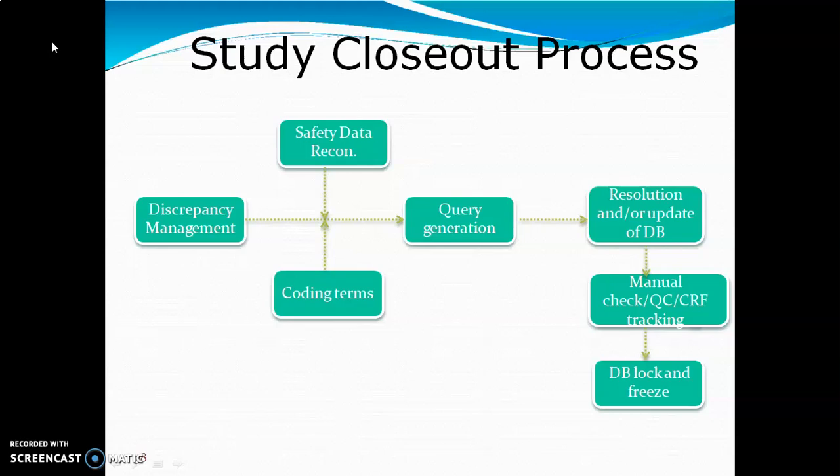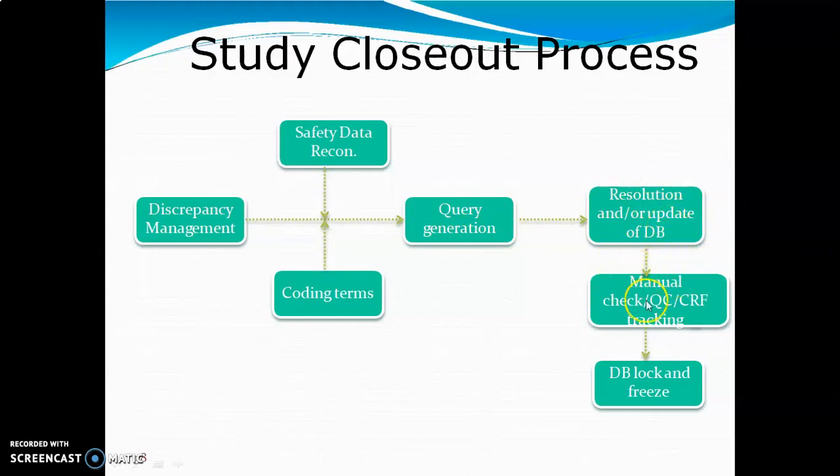Along with the safety data reconciliation, the side effects observed are coded using medical coding dictionaries. This is called medication coding. If any discrepancy comes up, a query will be generated, then we resolve the query and update the database with the information received.